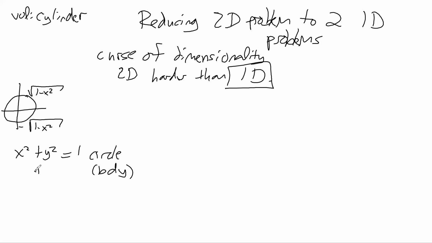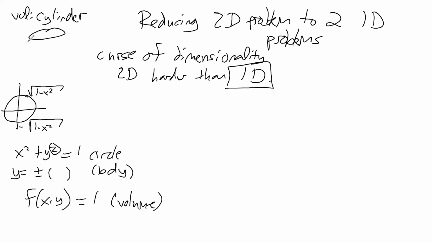And if you solve for y, you're going to have plus or minus because of the squared here. Okay, so that's the upper region, that's the lower region. And our f is 1 because we're trying to look for volume. Right, so if we have a cylinder, the top part is flat. This is just 1.